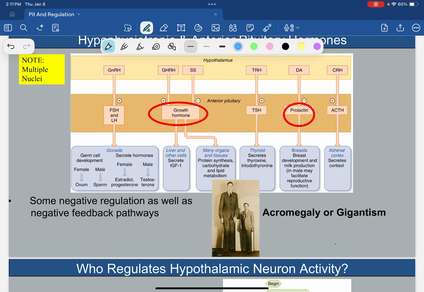This whole thing is called our endocrine signaling axis, and it's a great summary slide. We really want to make sure that we are aware of the hormones and how they each regulate each other, whether it's negative feedback or positive feedback, like our growth hormone that we saw.